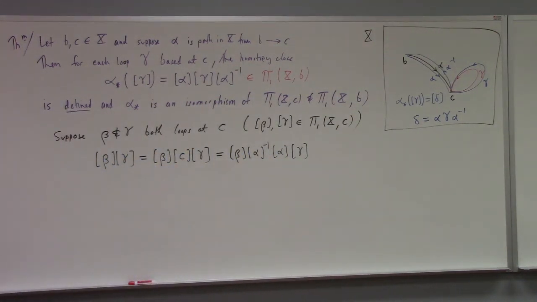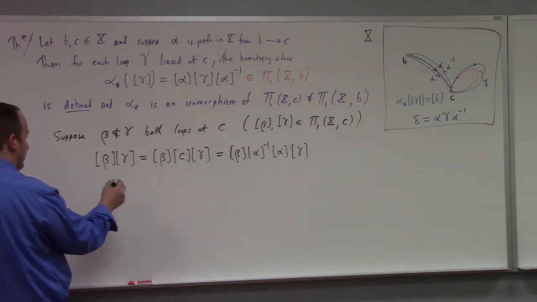All right, great. What does that do for us? Beta alpha inverse is part of the alpha star. Huh. Multiply alpha on the left of this? What's that give us?